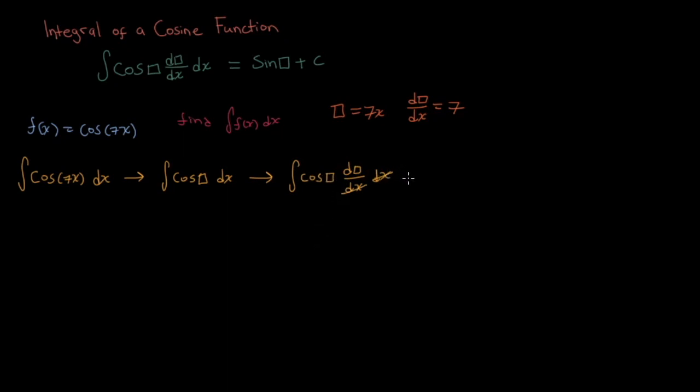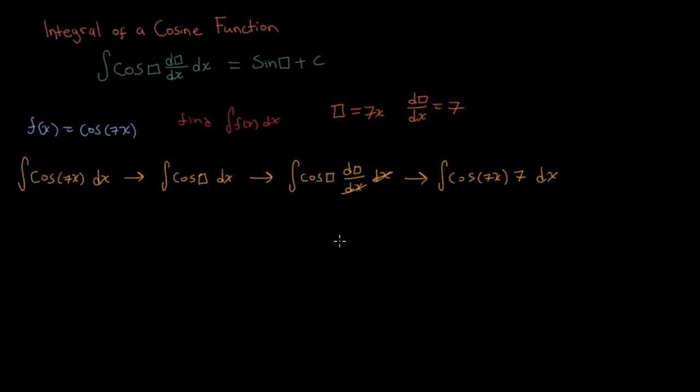If we put our numbers in, we get the integral of cos 7x times 7, which is our d box by dx, dx. This is in a good form to finally integrate it.